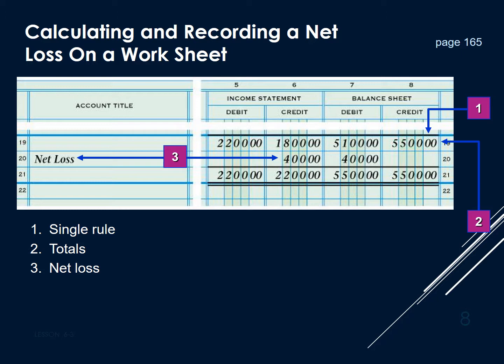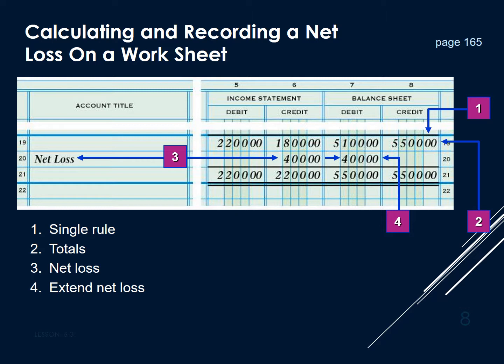So on line 20, underneath the account title, we will write the words net loss. Then we will record $400 in our credit column underneath our income statement. Then we will extend the $400 across to our balance sheet debit column.